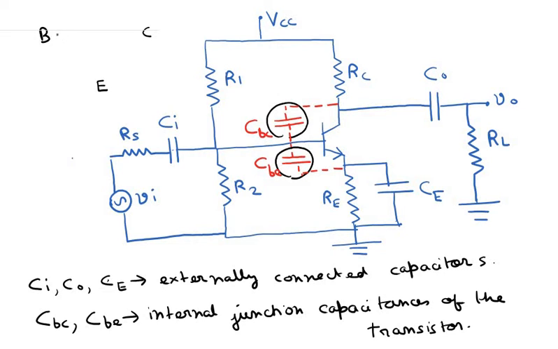Earlier, in the moderate frequency regime, we would model this base to emitter junction by this resistor R pi, and we would model this collector to emitter junction by this dependent current source GM V pi, where V pi is the AC component of the voltage drop across this resistor R pi.